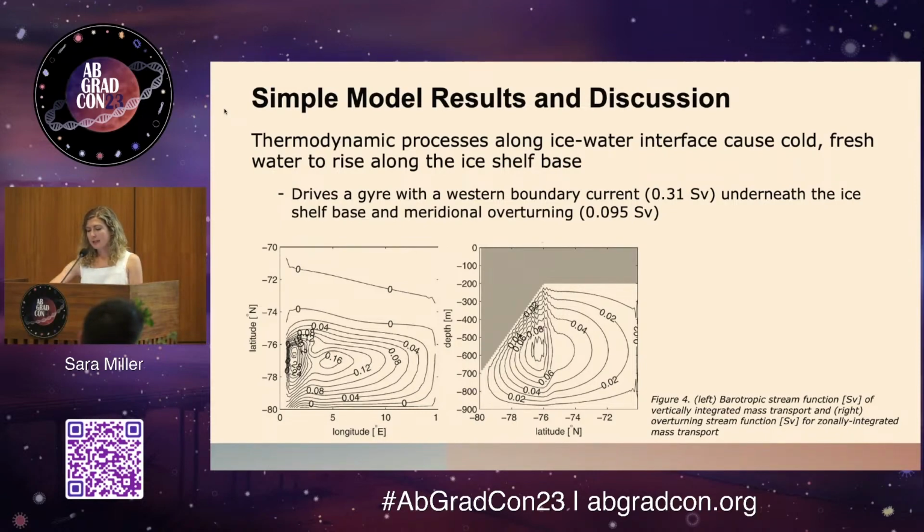So we see melting happening on the bottom of this ramp. Then as the fresh meltwater is rising along the ramp, it's circulating, and that's creating a circular flow feature, this gyre. On the left are the barotropic stream function, and on the right, an overturning stream function, in a couple of different directions.